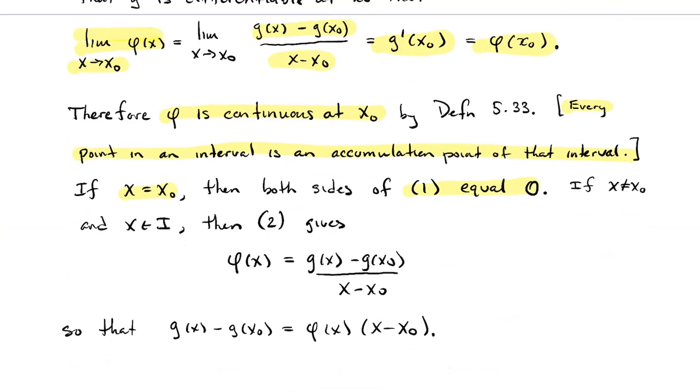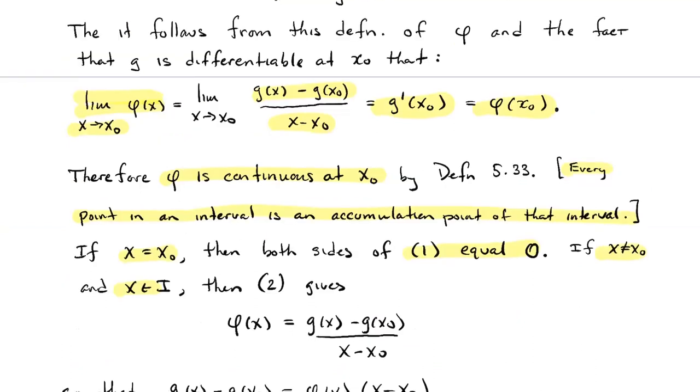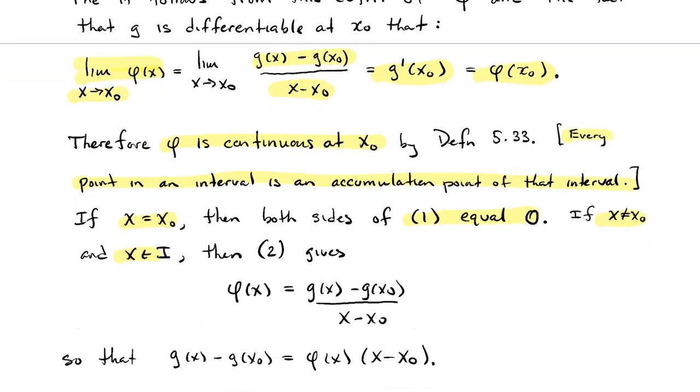If x isn't x naught, and you pick some element in I, then by the definition of phi, phi is this difference quotient. So multiply both sides of that by x minus x naught, and you get equation 1. Cool. So there's half our proof. If g is differentiable, this continuous function phi exists, and it satisfies equation 1.